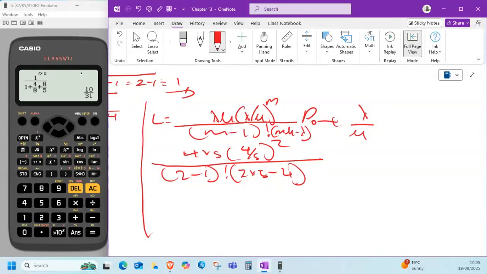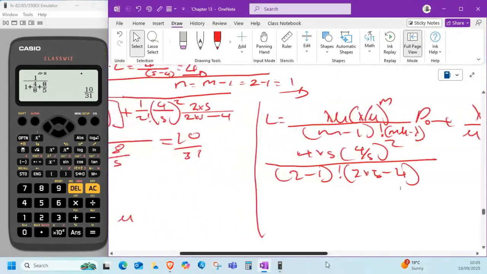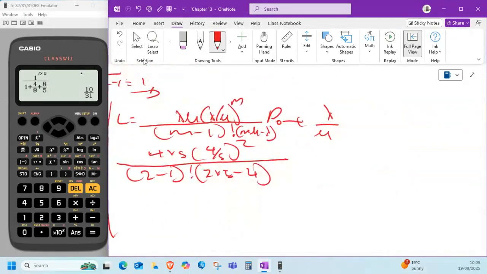I hope I don't have a 3 anyway. I have a feeling that I might have used a 3 that I shouldn't be using. And then that is 10 over 31. 10 over 31 plus that, it's your 4 over 5.